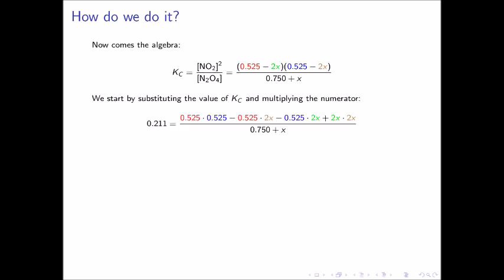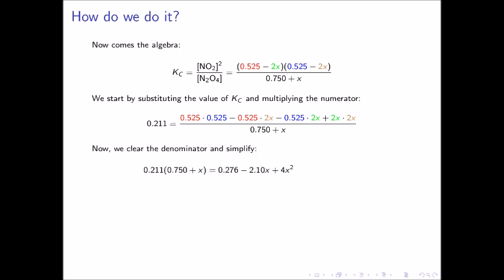The next step is to substitute in the value of Kc, 0.211, and multiply out the numerator. This results in the first term being 0.525 times 0.525. The second term is 0.525 times 2x with a negative sign. The third term is 0.525 times 2x with a negative sign. And lastly, we have 2x times 2x.